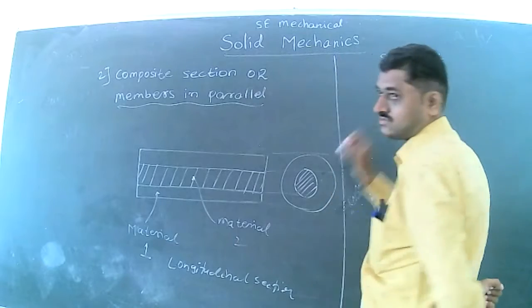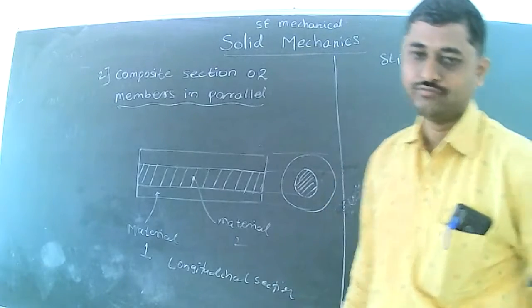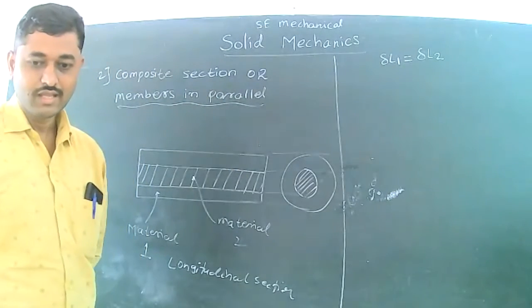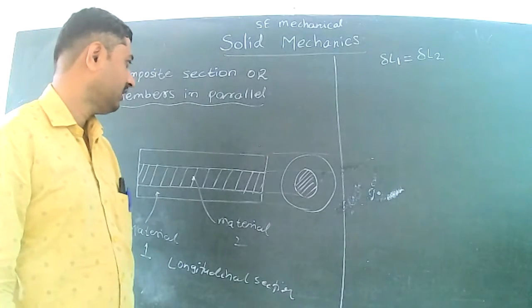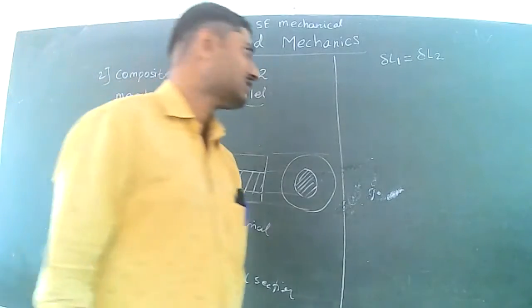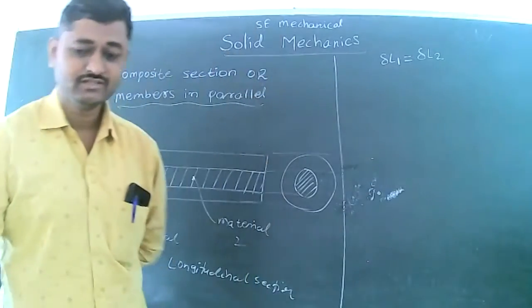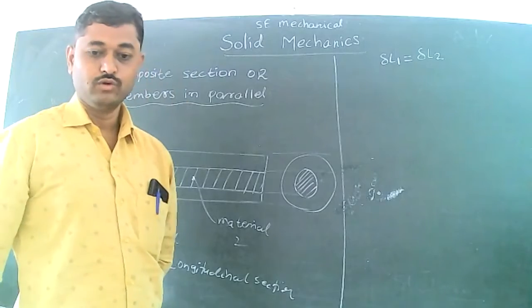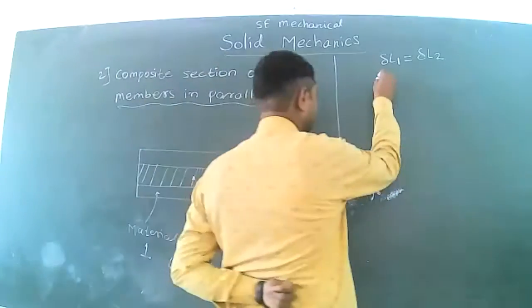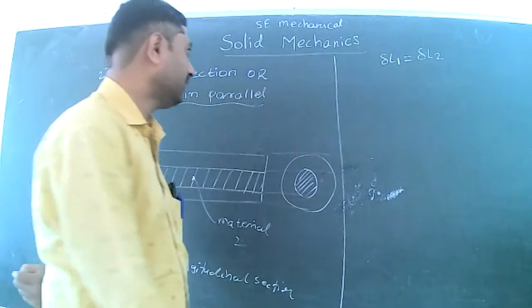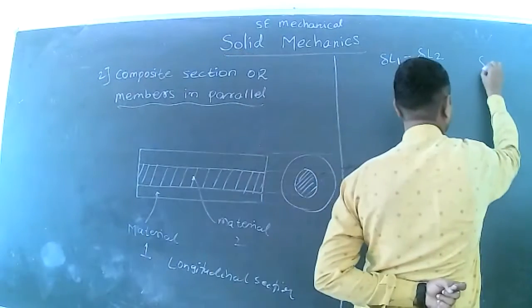If the material for the two members is different, the deformation in both members is the same. Means delta L1 is equal to delta L2, which is nothing but delta L.